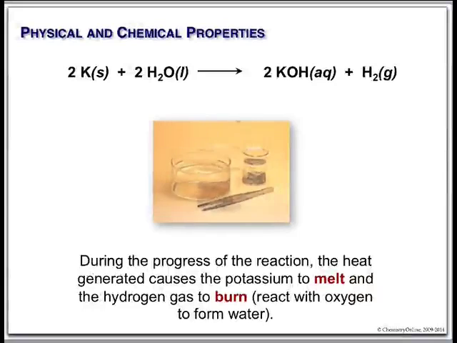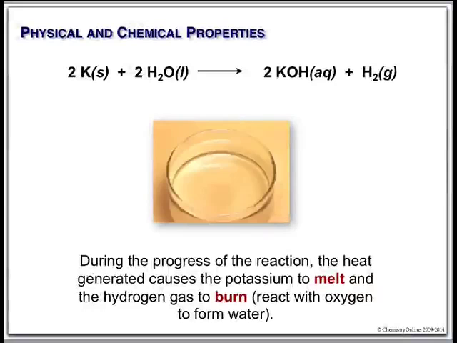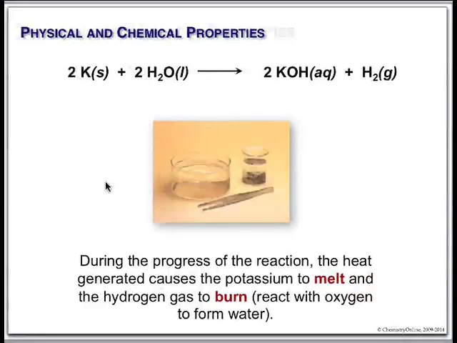It won't. Hydrogen gas is produced and burns. If you do this with a great big chunk of it, it actually does quite a sizable explosion.